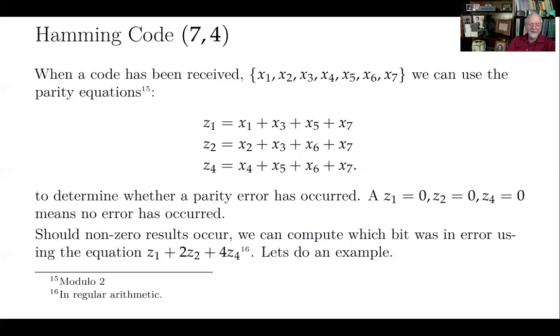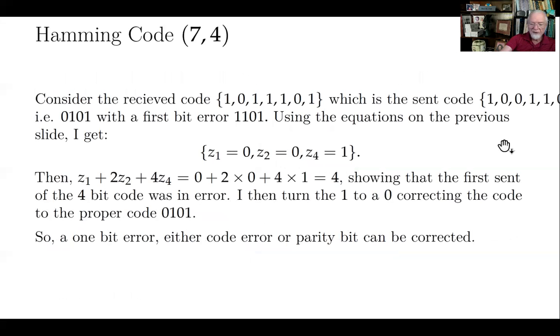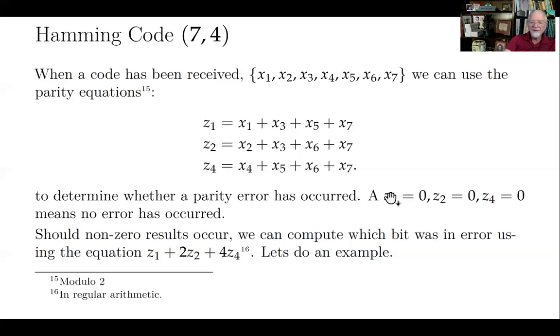And this is in regular arithmetic. So these are either 0s or 1s, but this tells you which bit number has had an error. So that has to be done in regular integer arithmetic.